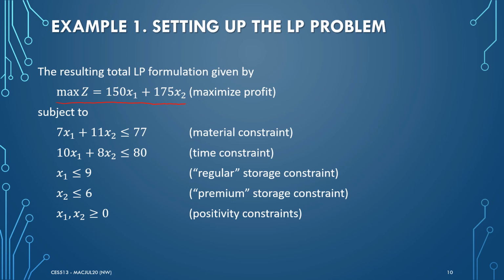And these are subject to the constraints of 7x1 plus 11x2 lesser than 77 stated for the material constraint, and then 10x1 plus 8x2 lesser than 80 for the time constraint, x1 must be lesser than 9 for the regular storage constraint, and then x2 lesser than 6 for the premium storage constraint, and x1 and x2 must be greater than 0 for the positivity constraints.